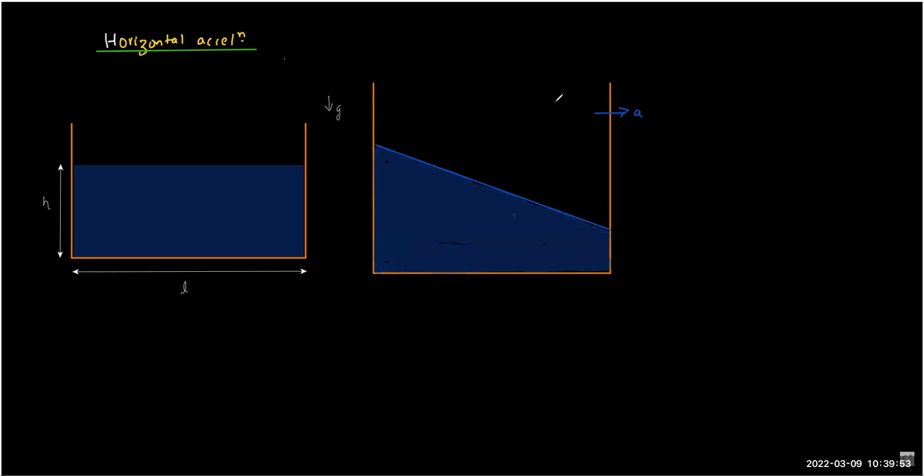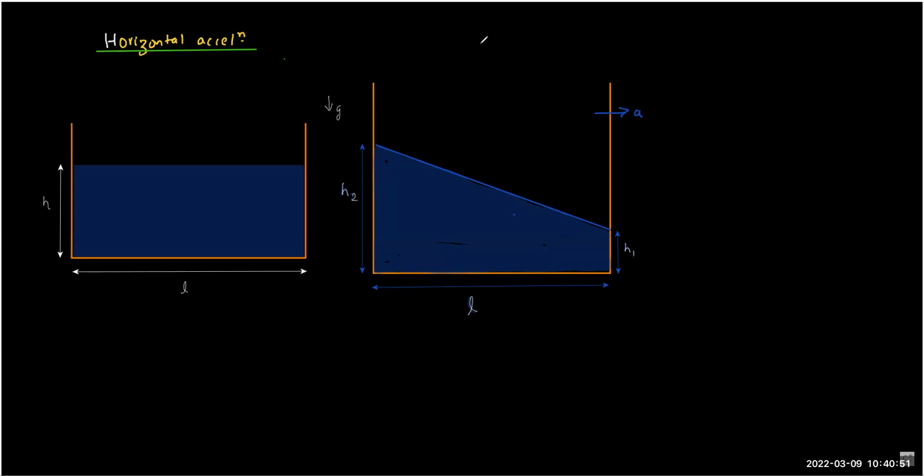Okay. So we can call it H1, H2, and the base as L. And now you can conserve the volume, but volume conservation is as good as conservation of area, right?